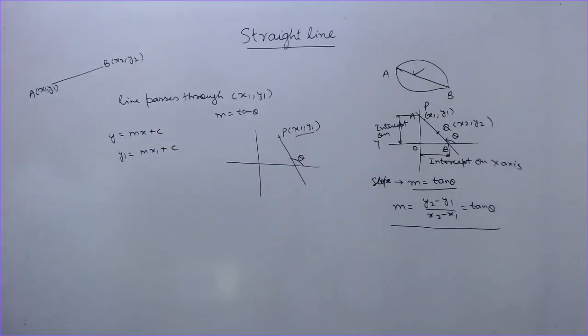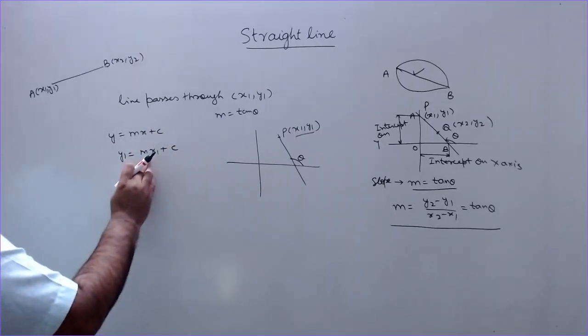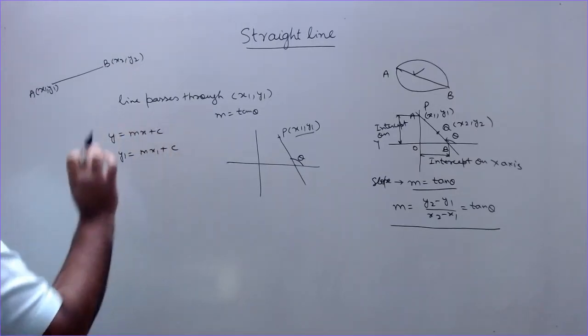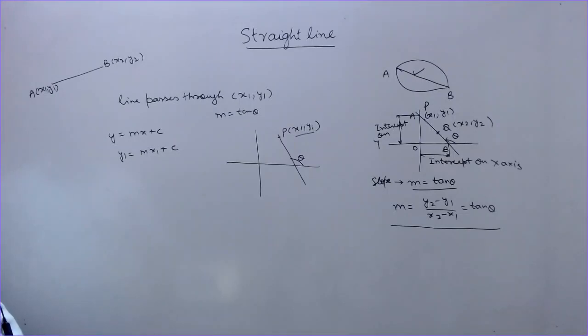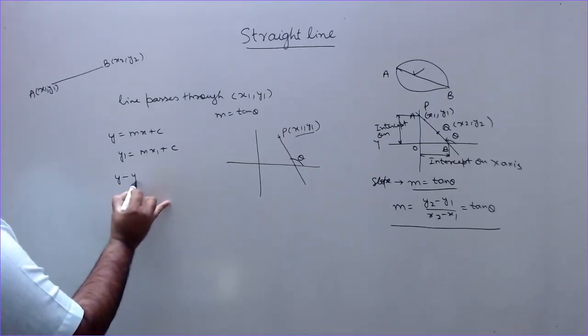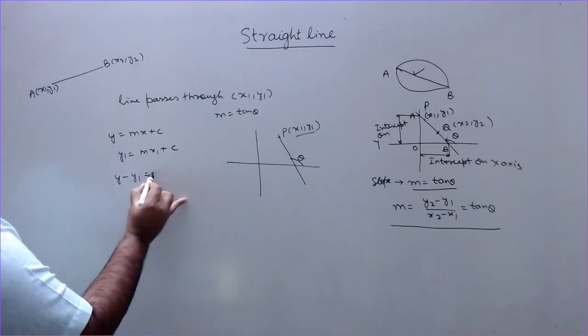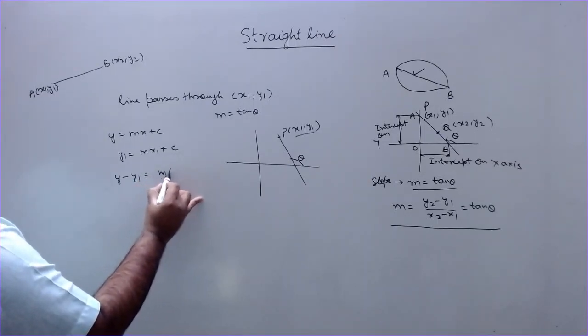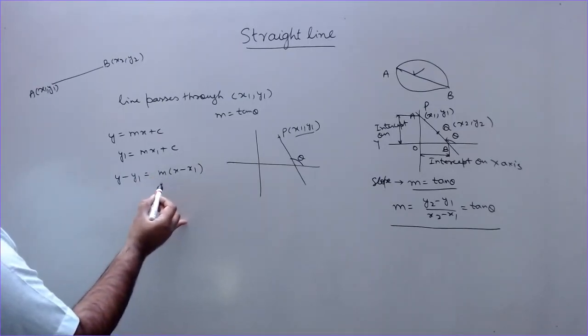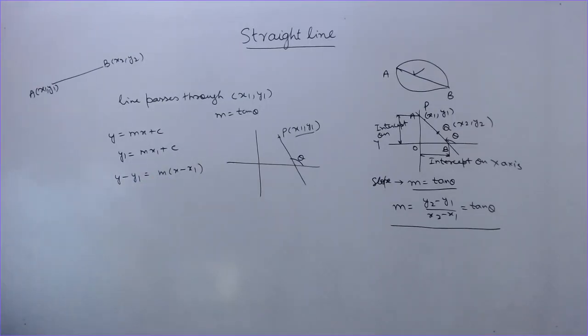So this way, if you know the value of m and you have x1, y1 with you, you can find c and you can put the value of c in this equation. Or in general, I can write the equation of the line as y minus y1 equal to m times (x minus x1), where m is the slope of this line, which is equal to tan theta.